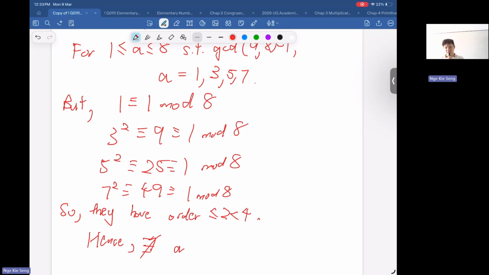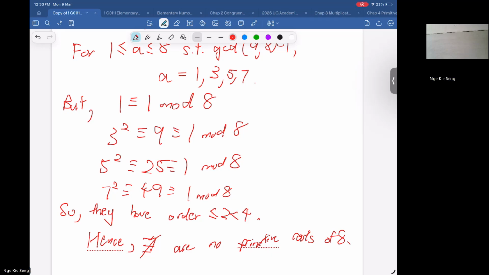There's no primitive root of 8. Okay, is it straightforward? Okay, so I gave you an example that there's some integer that doesn't have a primitive root. And then I showed you that every odd prime has a primitive root.